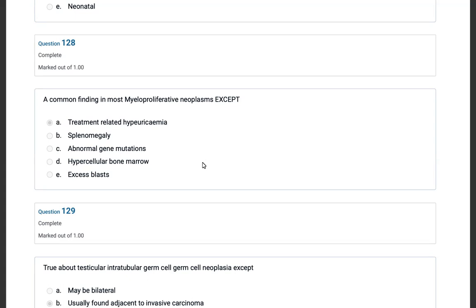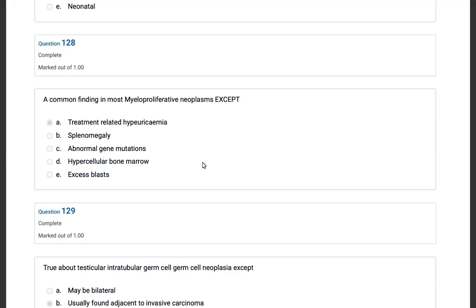You're trying to treat the cells, but as a result you expose your blood to the contents of the intracellular compartment. The intracellular and extracellular compartments are different, so exposing the blood to what the intracellular compartment has definitely gives a side effect. Hyperuricemia is a result of that.